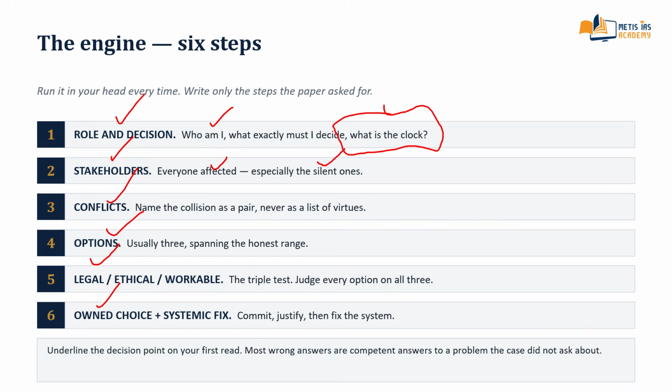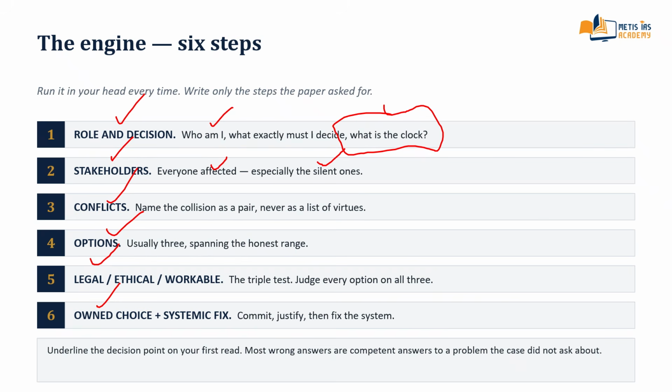So the whole engine in one line, and it is worth memorizing: role and decision, stakeholders, conflicts, options, legal, ethical, workable, owned choice, plus systemic fix. This is the whole engine in one line.